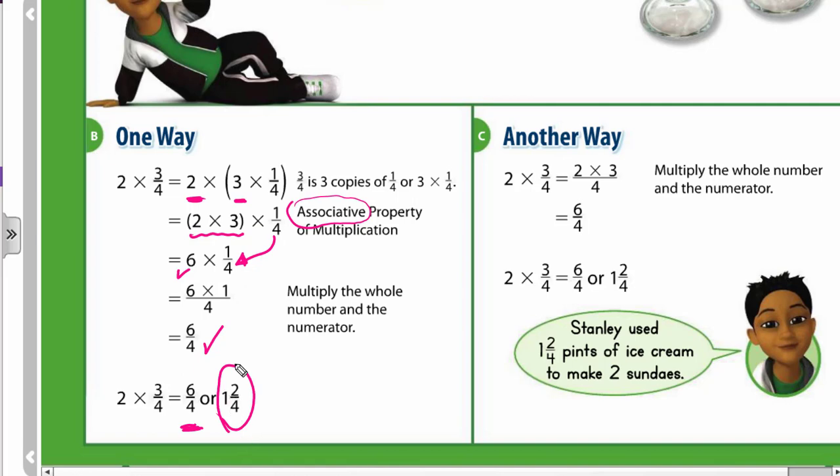So here, can anyone help me how we can convert 6/4 to a mixed number? Okay, Abdurrahman. Yes, teacher. What should I do?